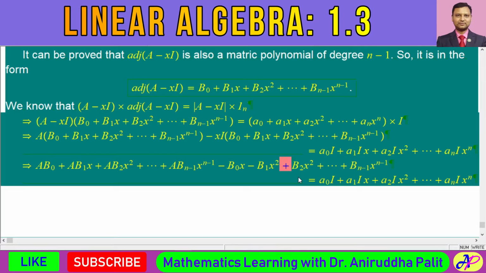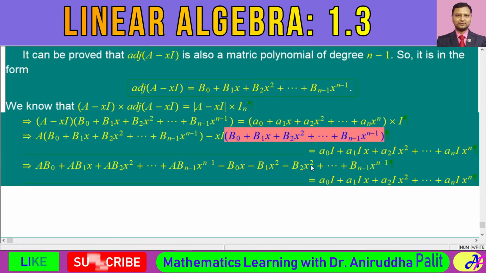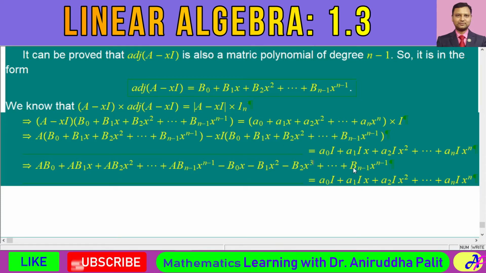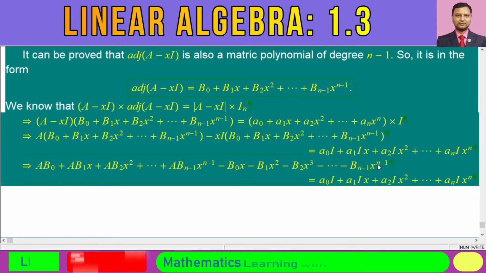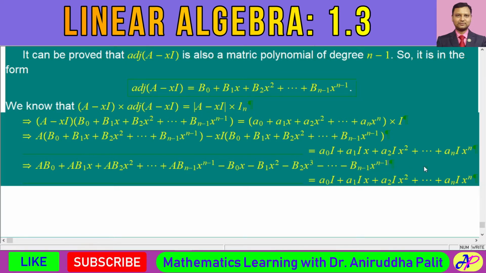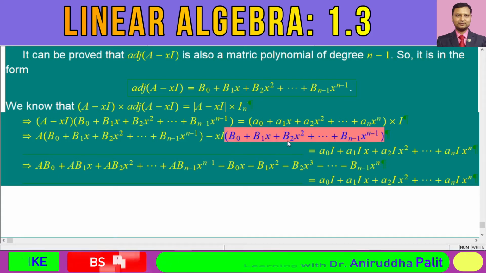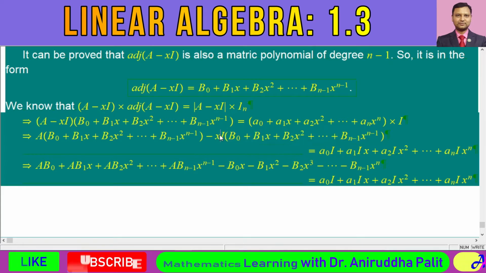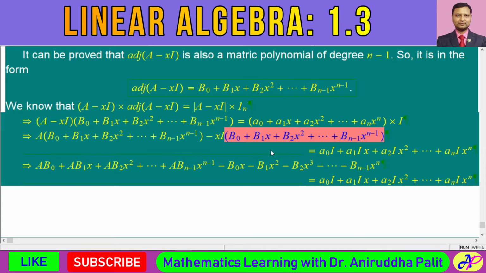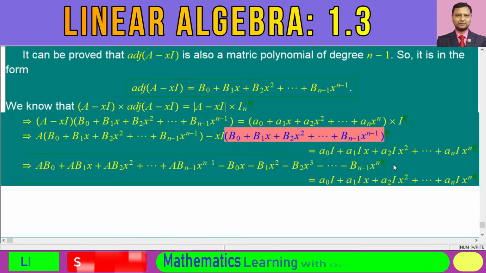Again, this positive sign will be negative because I have removed this bracket. So that would be x cube, and afterwards minus dot dot dot minus n x to the power of n. I am basically just multiplying this expression by x, because multiplication by identity matrix I will keep this expression the same as it is.